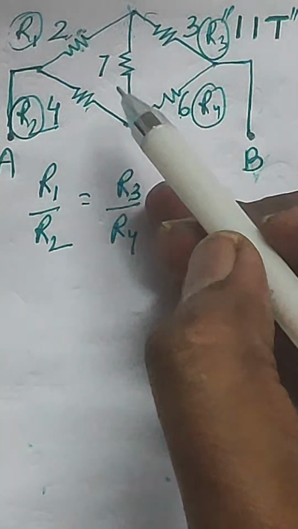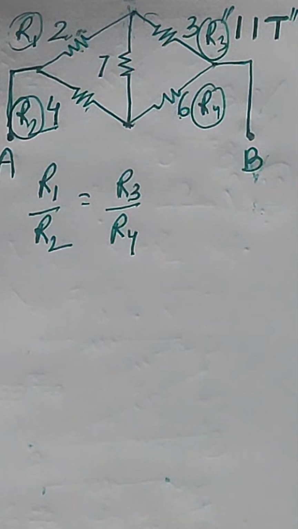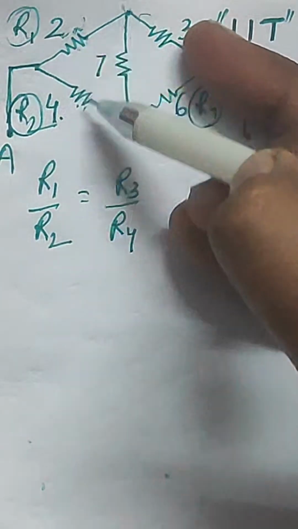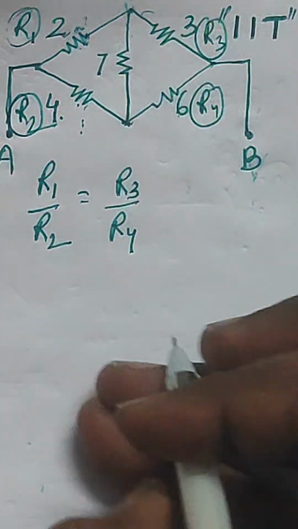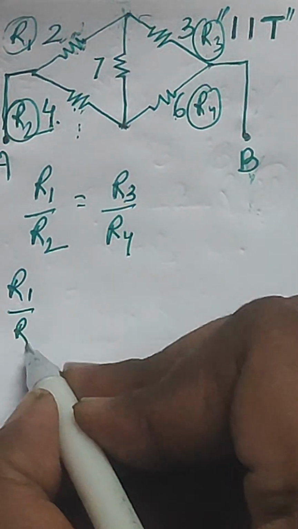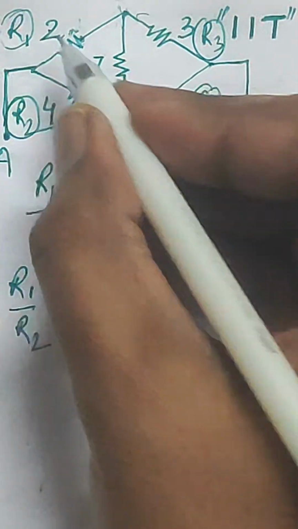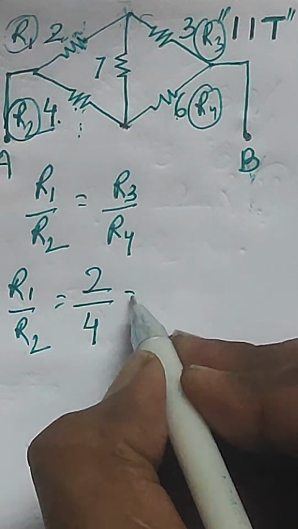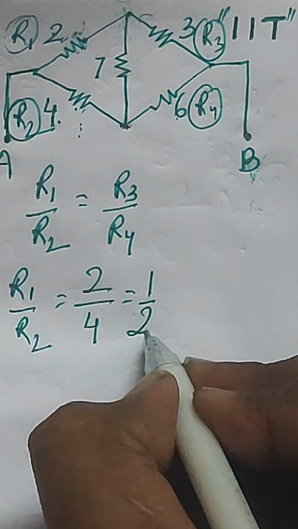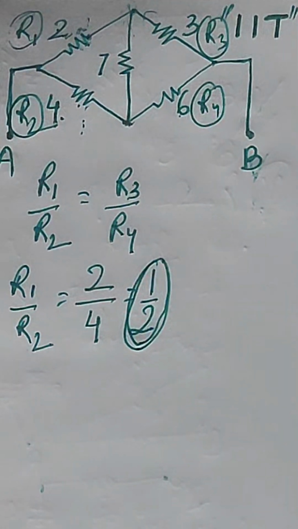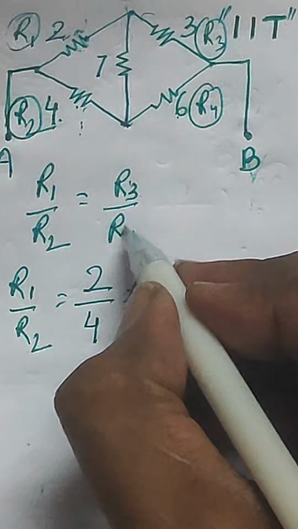So when such a question comes in front of you, simply take this R1, take this R2, and find out the ratio of that. So here R1 by R2 will be equal to 2 ohm by 4 ohm. I'm not writing ohm, it's 2 by 4, which is coming as 1 by 2. So this number you just remember. Now here, what is the value of R3 by R4?